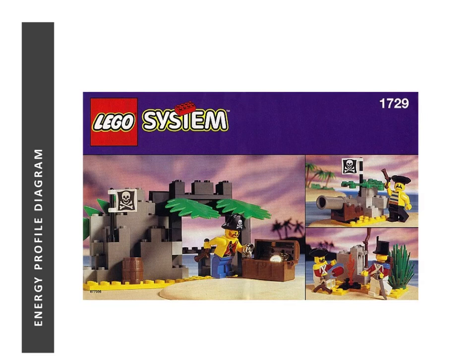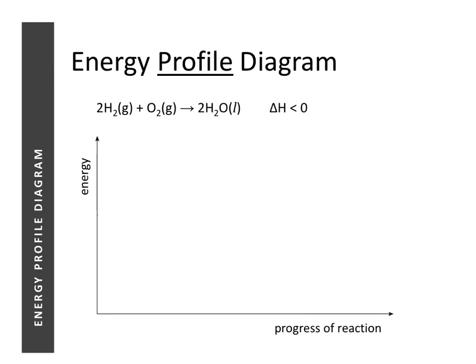So with that in mind, let's try to construct the energy profile diagram. In the energy profile diagram, once again, we have the reactants and the products. Your reactants would be hydrogen and oxygen. Your product would be water.